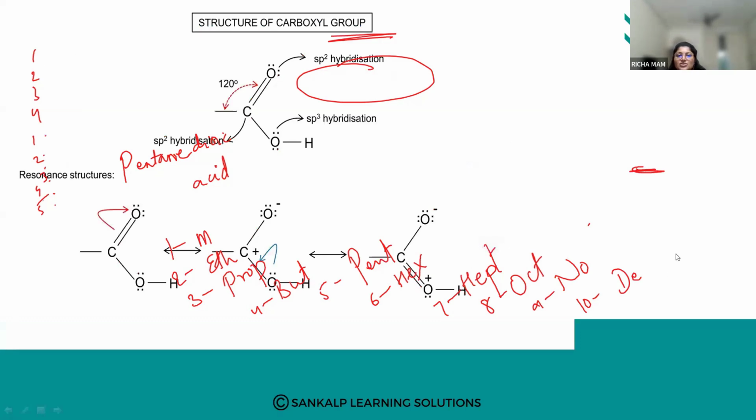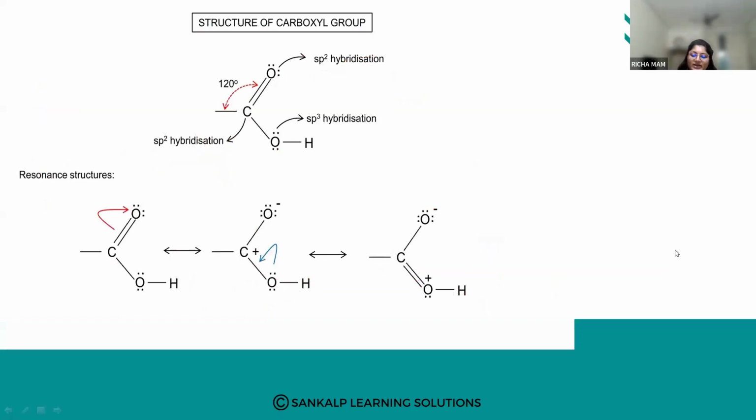Now let us see the structure of carboxylic acid. Here the carbonyl carbon, because you have a double bond, is sp2 hybridized. Whenever a carbon has a double bond, it is sp2.